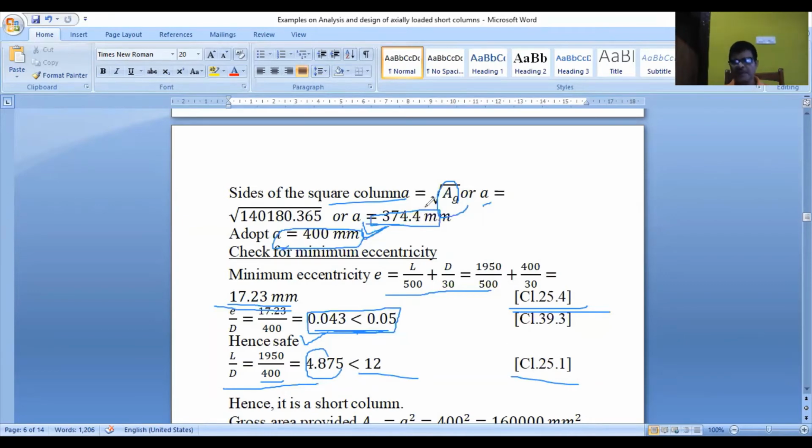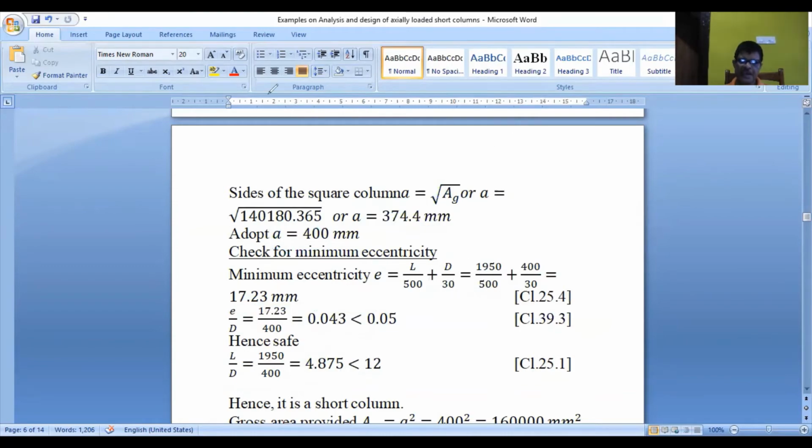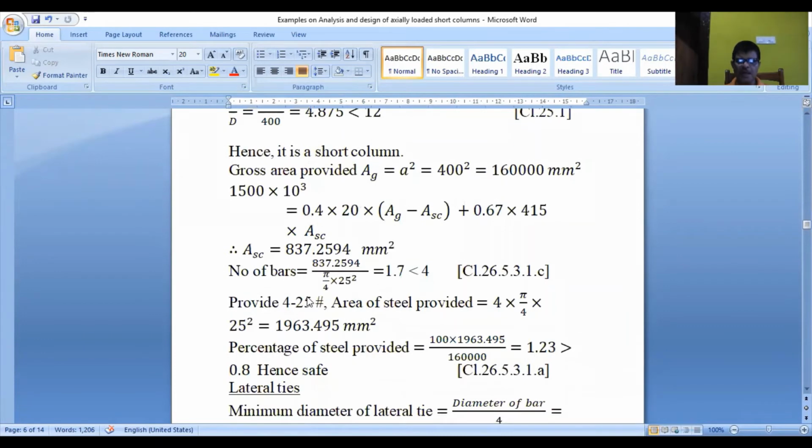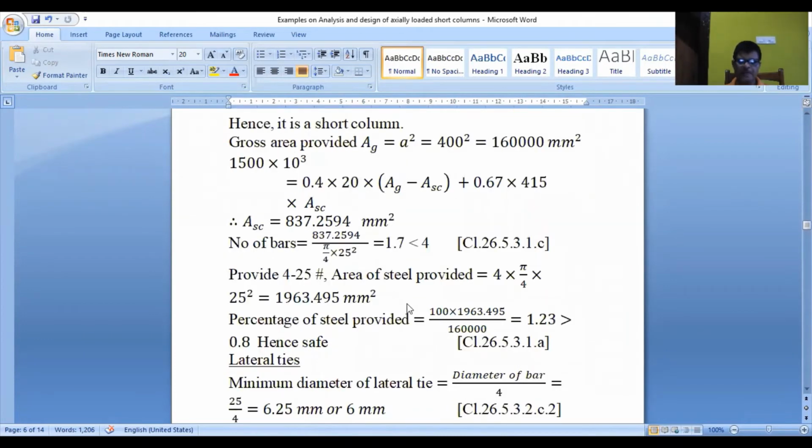Now we confirm it satisfies this minimum eccentricity criteria and is a short column. Now we can use the same formula we have adopted for calculation of this gross area. Now gross area will be equal to A into A, A square.